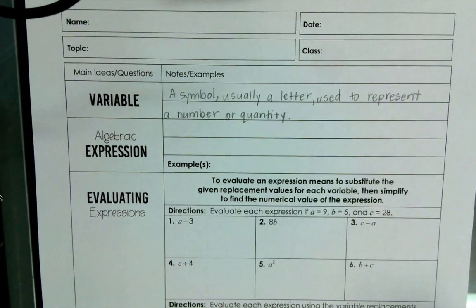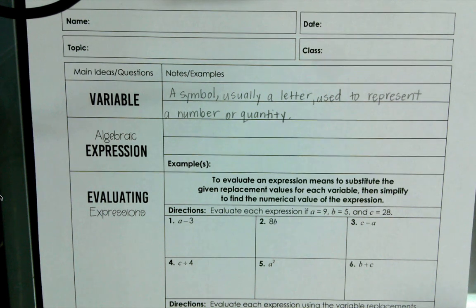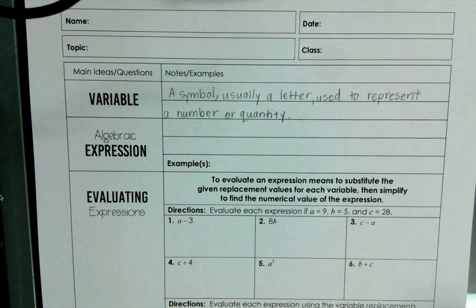Now, an algebraic expression. On January 9th we talked about numerical expressions. Remember, numerical expressions are a combination of numbers and operation symbols, okay? At least two numbers and an operation symbol. That creates a numerical expression.